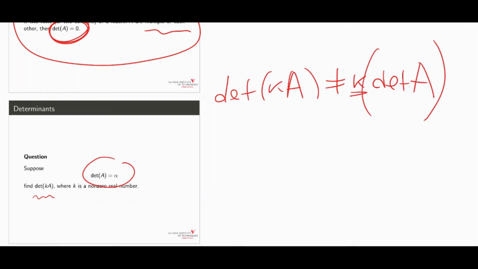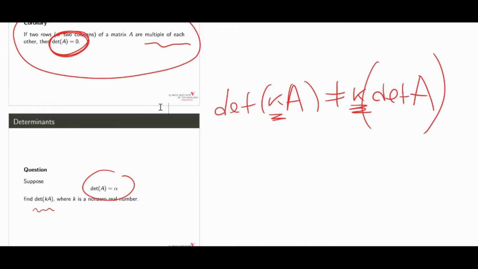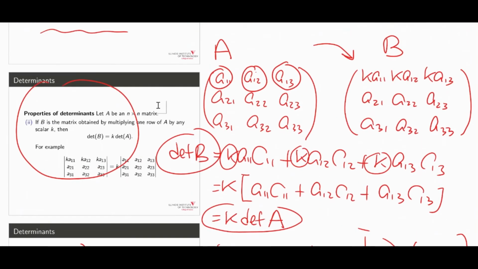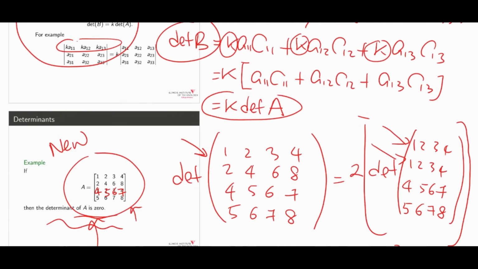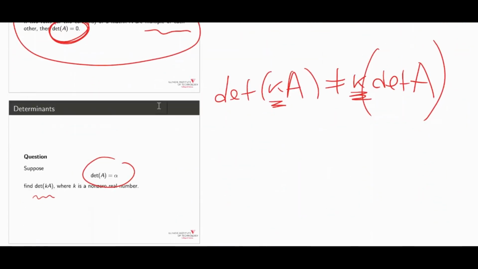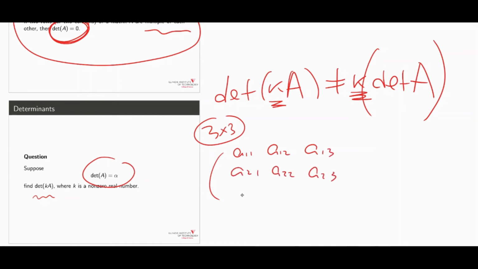You cannot factor out the k like this, because the so-called factorization property that we have from before is only true for one particular row or one particular column. So if you have A as a 3 by 3 matrix, you will have your A11, A12, A13, A21, A22, A23, and A31, A32, A33. If you multiply k to this matrix, you will have to multiply everything with a k.